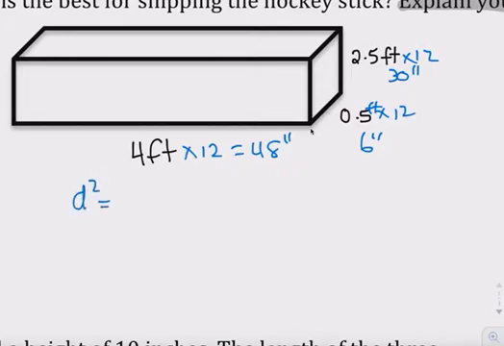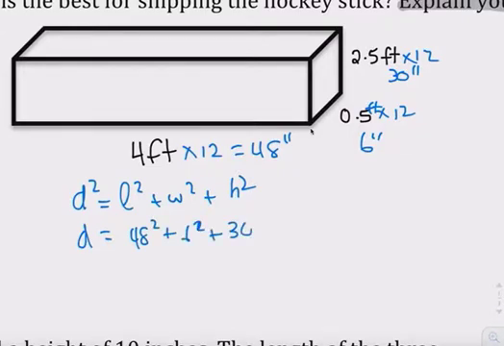Distance squared equals length squared plus width squared plus height squared. So D squared equals 48 squared plus 6 inches squared plus 30 inches squared. Put it in a calculator.